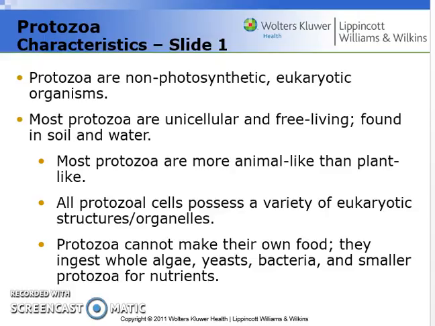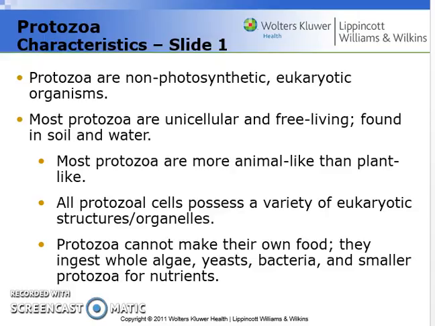Some other attributes of protozoans is that all of the cells are going to be eukaryotic. They all will have organelles such as mitochondria, Golgi apparatus, endoplasmic reticulum. Those specialized organelles inside the cell have very important functions to the organism as a whole. Protozoans are unable to produce their own food.